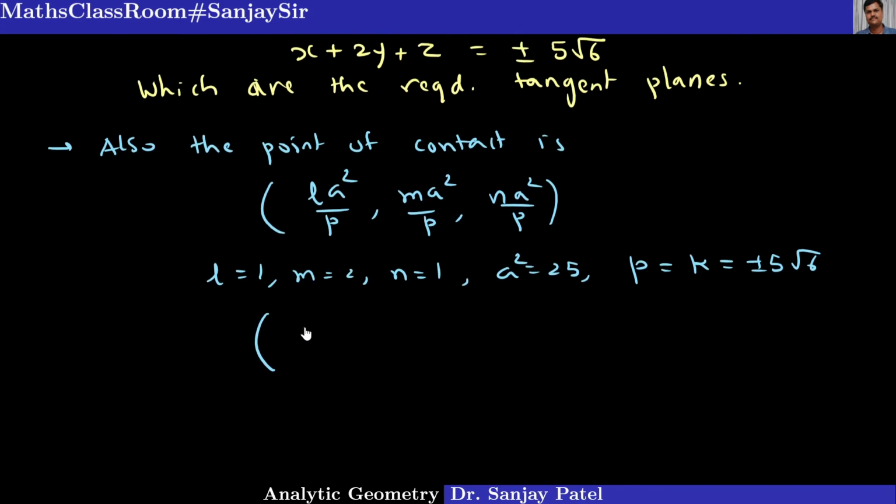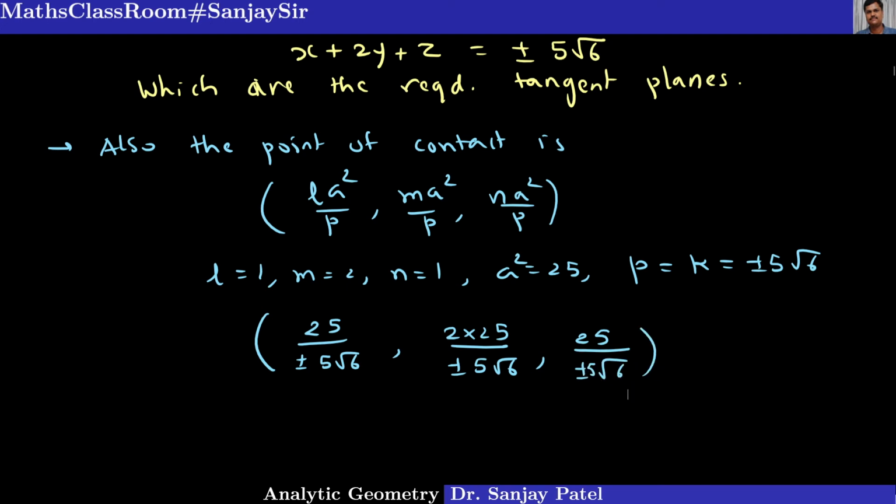So it is 25 upon plus or minus 5 root 6, comma, M is equal to 2, so 2 into 25 upon plus or minus 5 root 6, and N is equal to 1, so 1 into again 25 upon plus or minus 5 root 6.